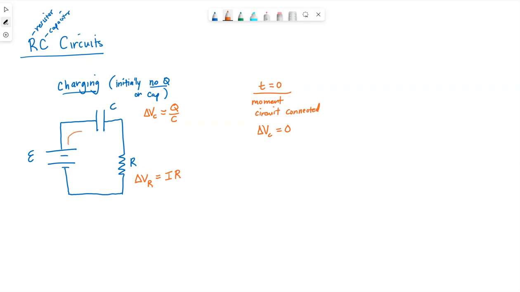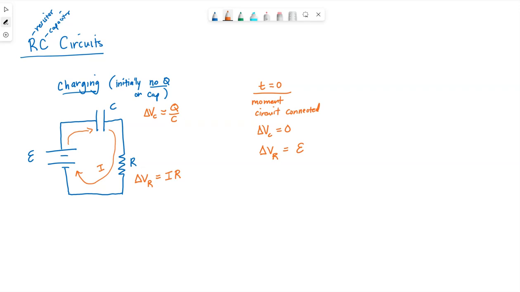As soon as the circuit is closed, current will start to flow. If at this exact moment the circuit is closed, the capacitor has no voltage across it, then the battery voltage must be completely across the resistor.